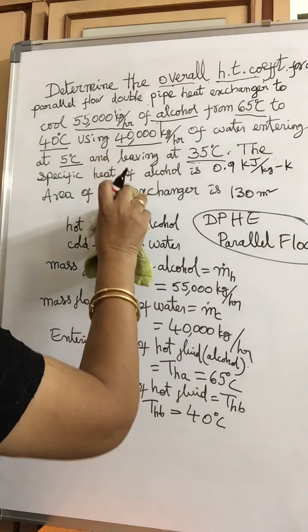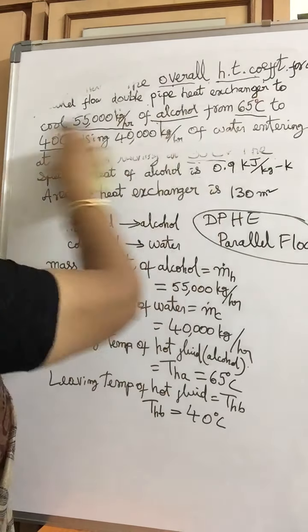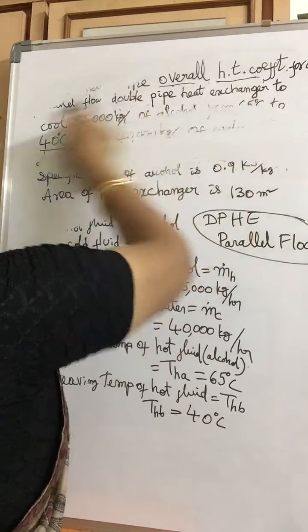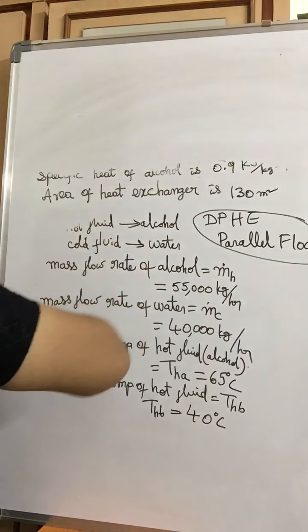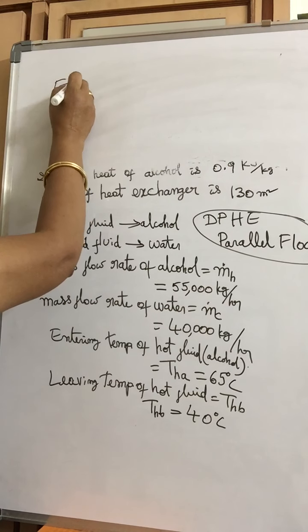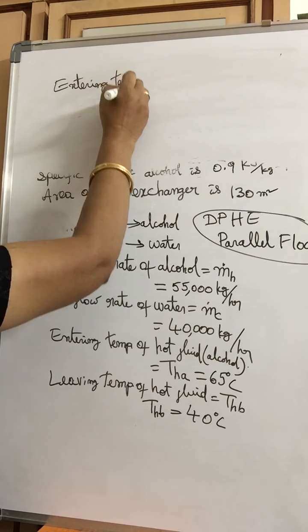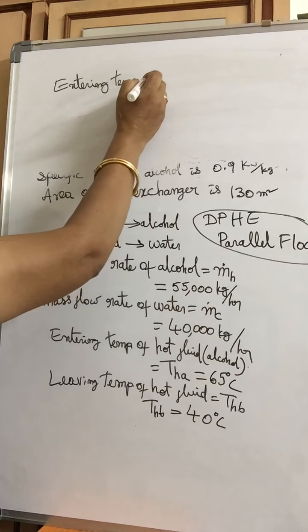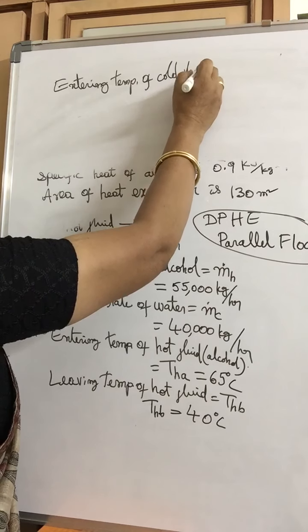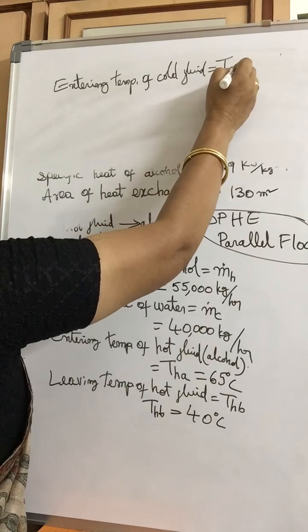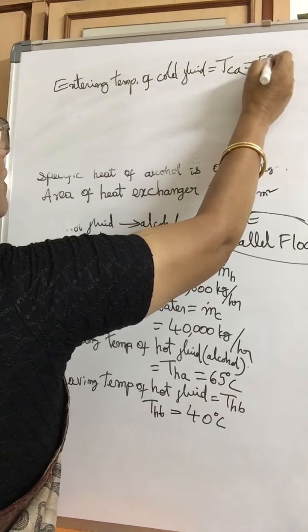Next, cold fluid entering is 5, leaving is 35. Then entering temperature of cold fluid is represented by T_CA, that is 5 degrees centigrade.